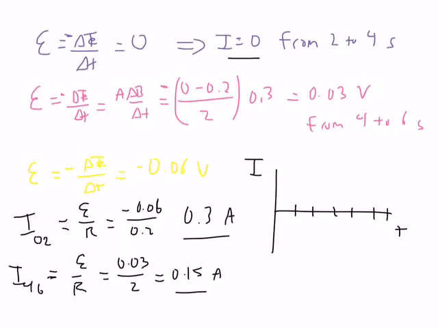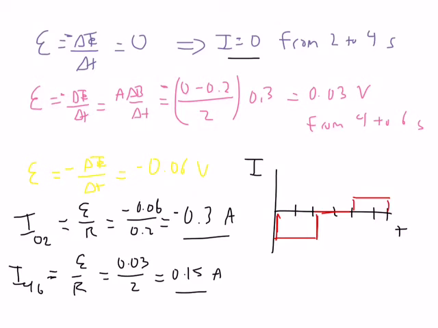So our first result is that we have a negative current for the first 2 seconds. Then we have 0 current for the next 2 seconds. Then we have a positive current, but a smaller value. So something kind of like that. That's what it should look like.